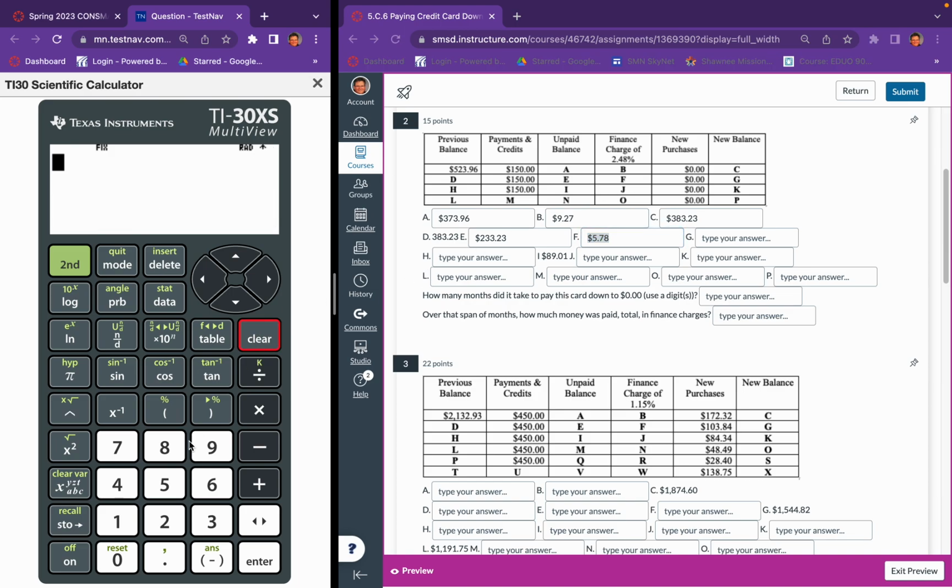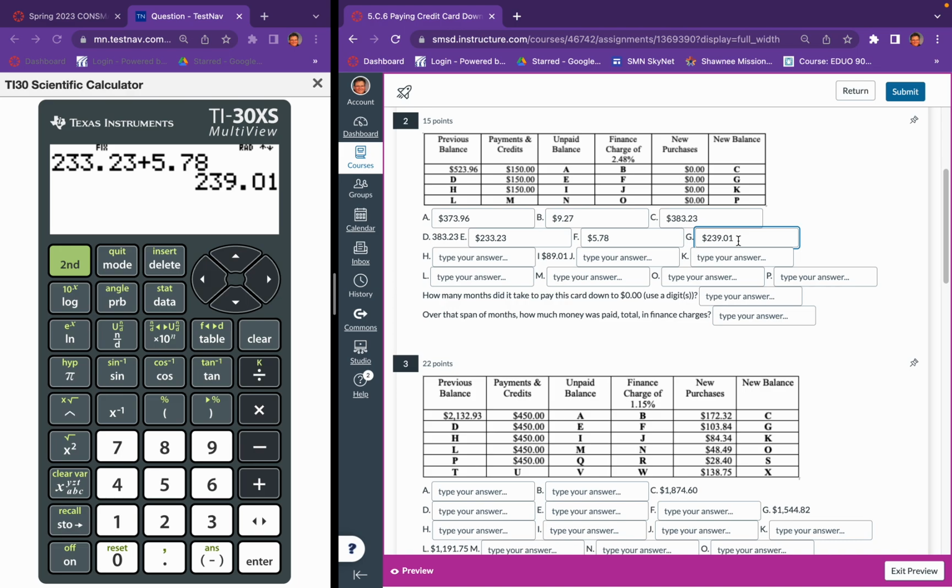So I'm going to take the unpaid balance, which was $233.23, and I'm going to add it to the $5.78 that they charged me for not paying them back. And now I owe them $239.01.